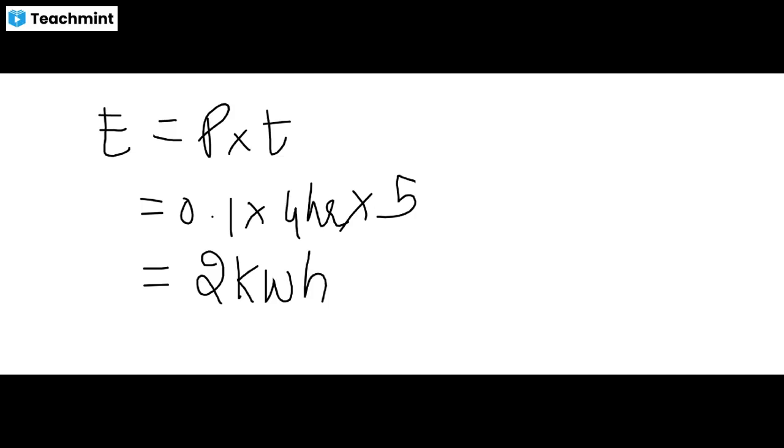Now 1 unit is rupees 4.6. What is the cost of using those 5 bulbs? 9.2 rupees.